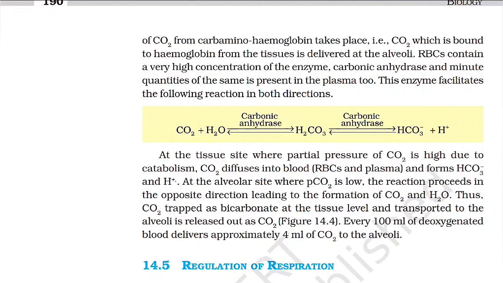Thus, carbon dioxide trapped as bicarbonate at the tissue level and transported to the alveoli is released out as carbon dioxide. Every 100 ml of deoxygenated blood delivers approximately 4 ml of carbon dioxide to the alveoli.